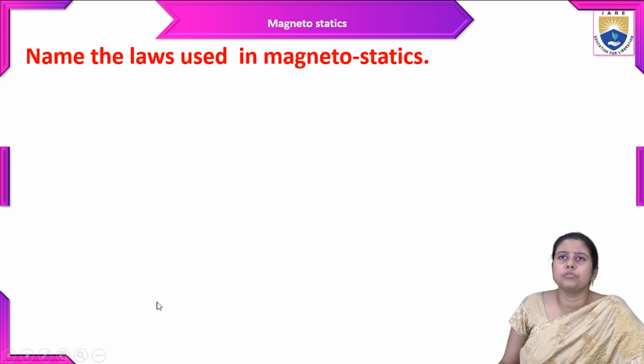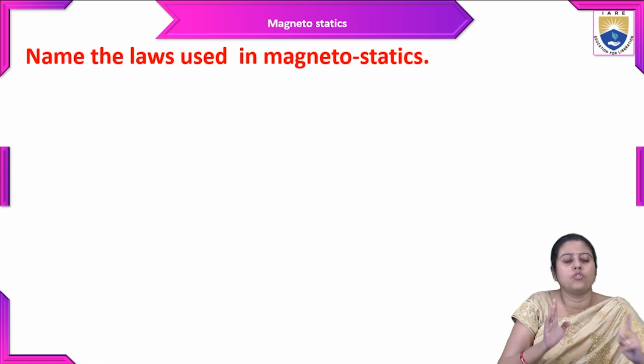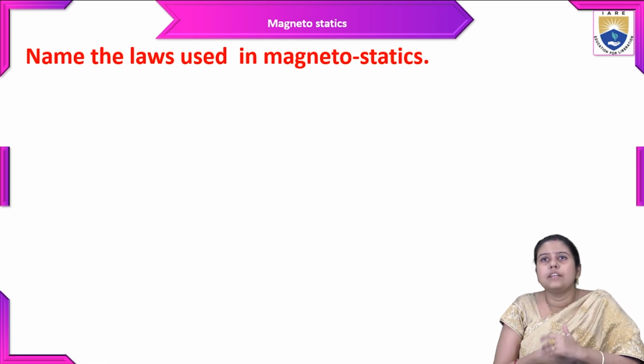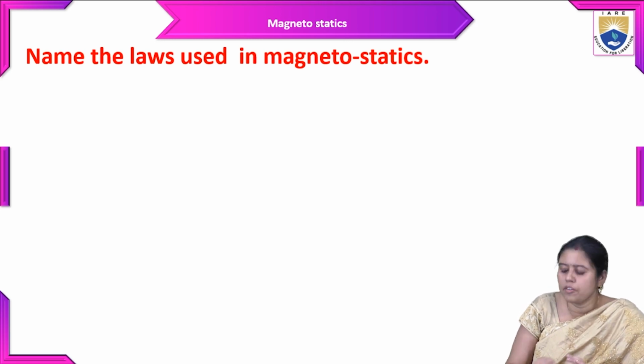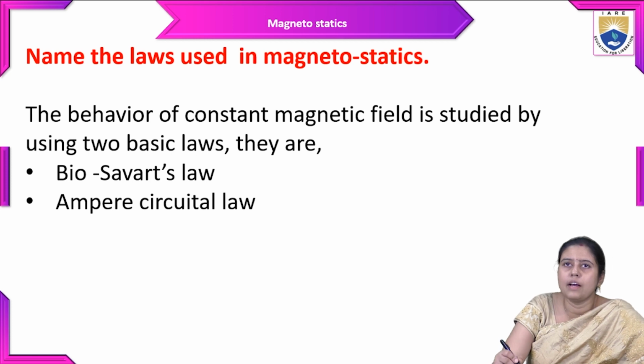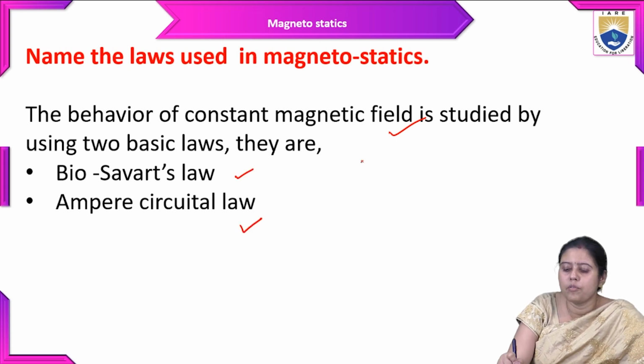Name the laws used in magnetostatics. They are like electrostatics, which is based on two basic laws: one is Coulomb's law, and one is Gauss law. Similarly, magnetostatics is based on two laws, which basically tell about the behavior of the magnetic field. One is the Biot-Savart law, and one is Ampere's circuital law.